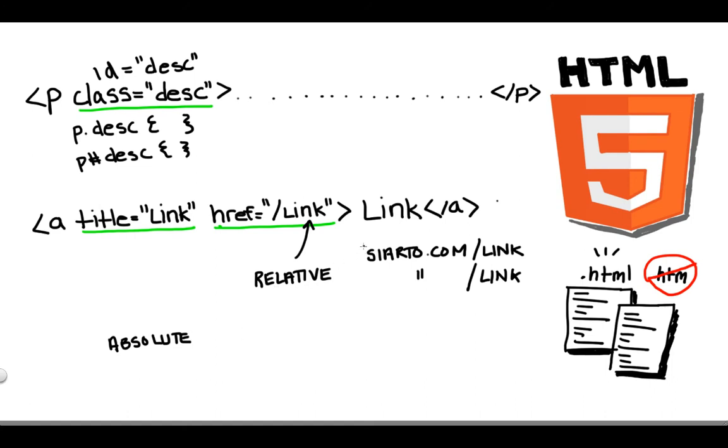So the absolute version of this particular link would be http://Cswd.com/link. And that's the full absolute link. So no matter where this appears on whatever website, it's always going to point to the Cswd.com domain and then go to the link. So that's the difference between an absolute and a relative path or link.